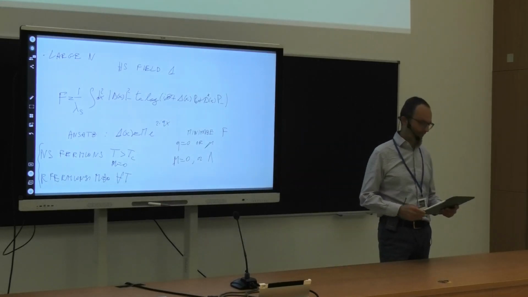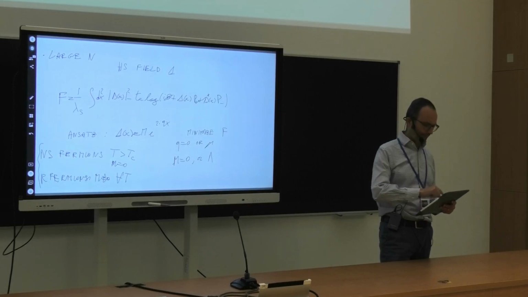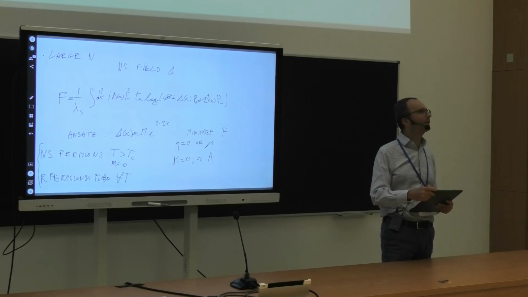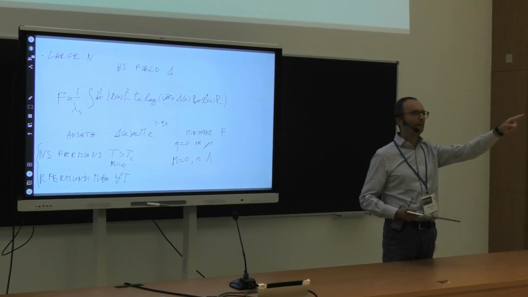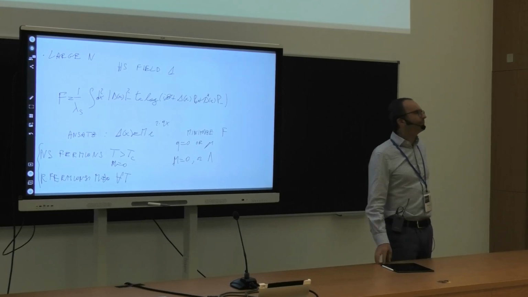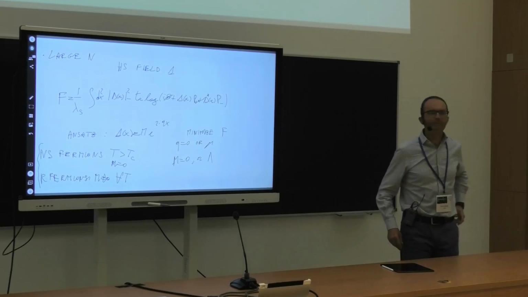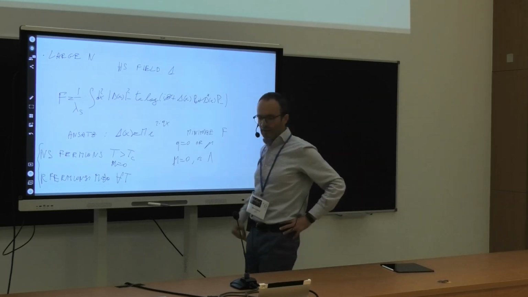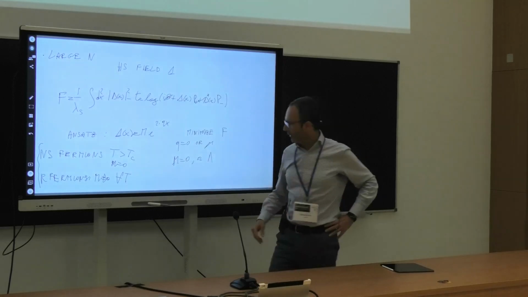So we have time for some questions. Yes, there. What is lambda in this last equation? M being 0 or lambda, this capital lambda? Yeah, sorry, I was referring to my previous equation.